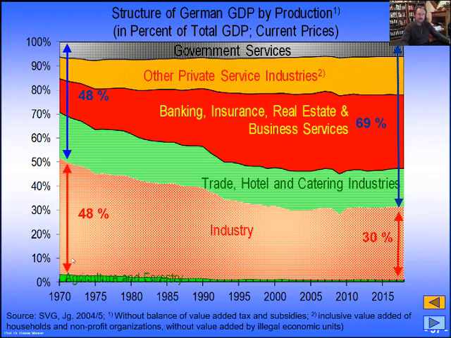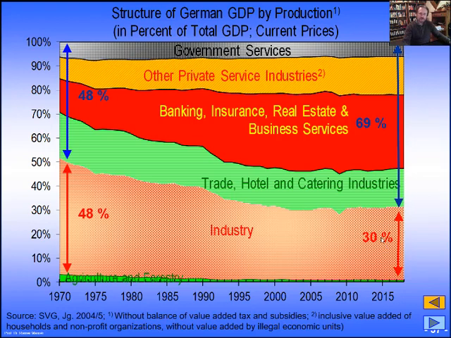Another sector with a shrinking share in total GDP is the industry sector. Here we talk about classical industries like manufacturing, heavy industries, and the construction sector. At the beginning of the 70s, the total share of this industry sector in GDP was 48%. In the year 2018, the share has shrunk to a value of 30%.